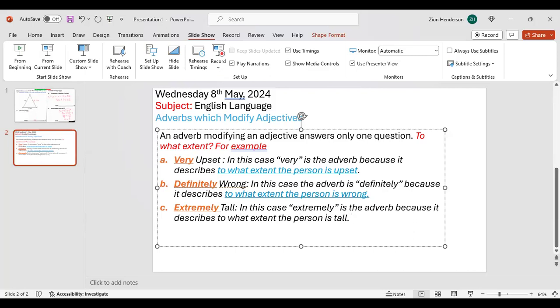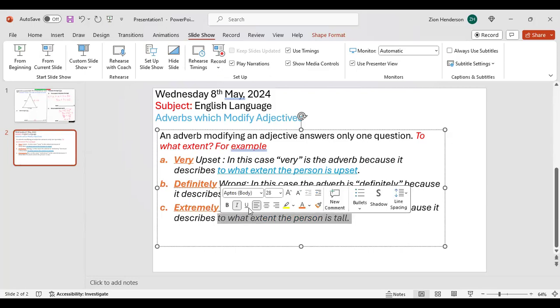They're not just tall, they're extremely tall. So these are adverbs that modify adjectives. All right, extremely tall, definitely wrong, very upset. They are going to modify the adjectives. So they're answering the question of to what extent.